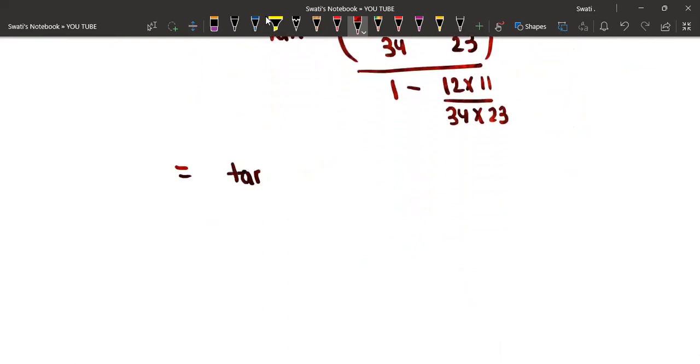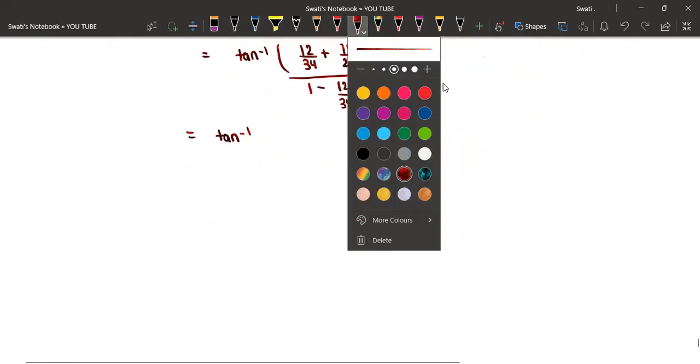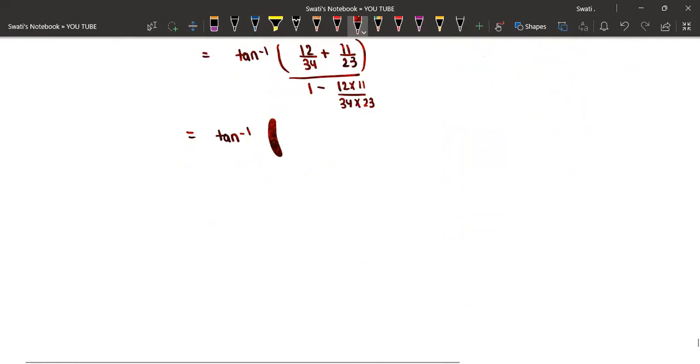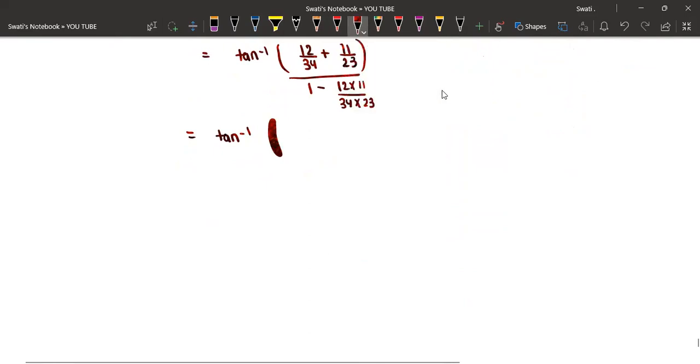So tan inverse. If you take LCM here, you just need to multiply 34 and 23.